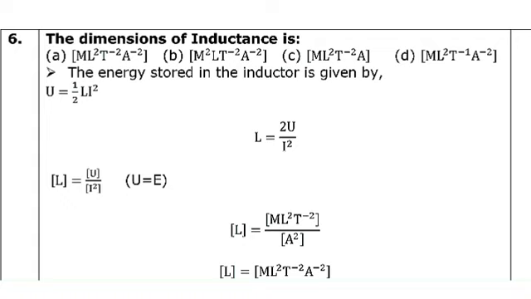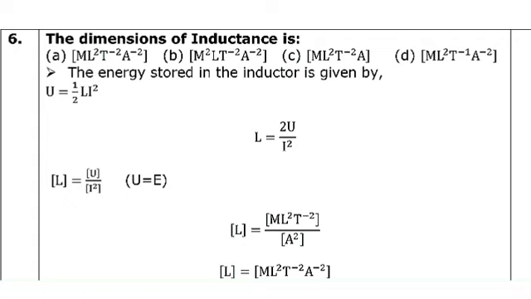Now I want to find the dimension of inductance. So I will write dimensions. We know that dimensional formula can be written in the square bracket. So I'll write L is equal to, here 2 is constant, so I didn't write the constant.